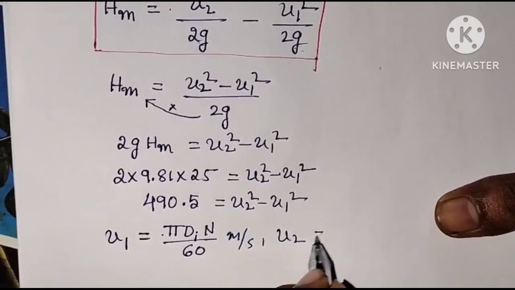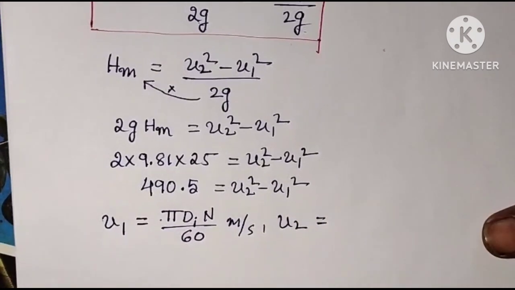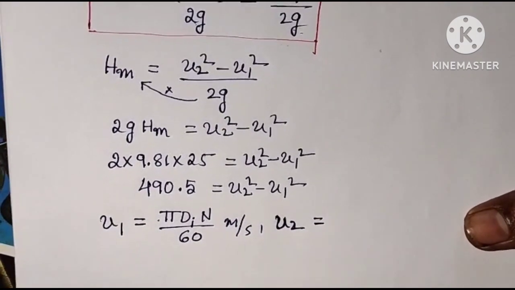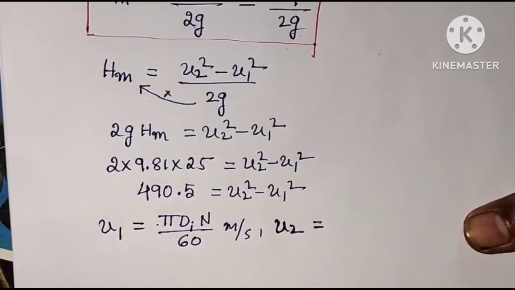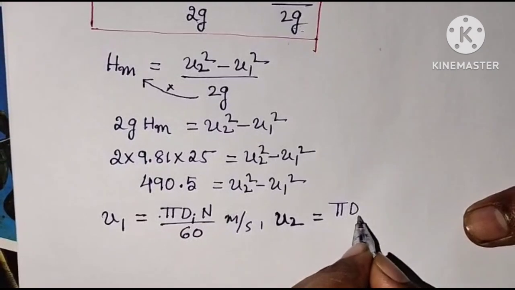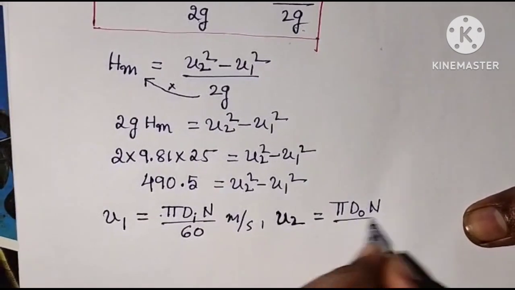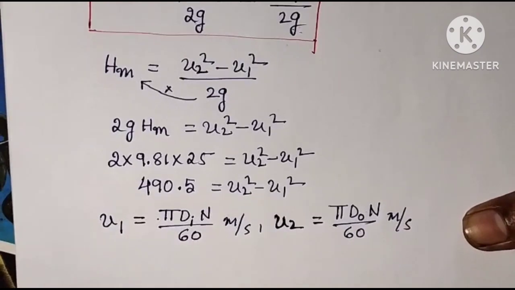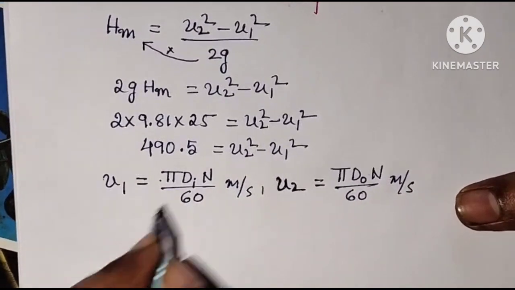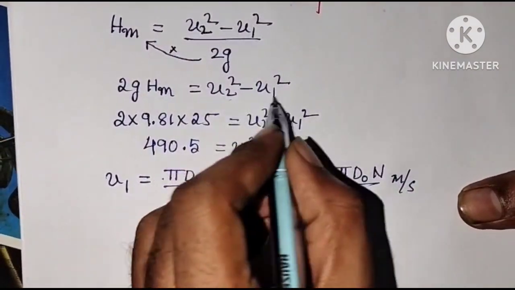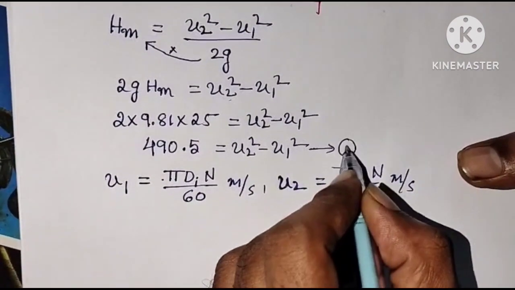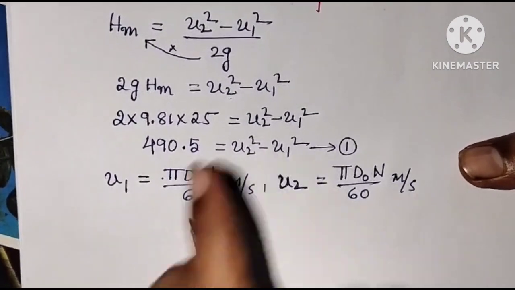U2 is the tangential velocity of the impeller at outlet, pi D naught N by 60 meters per second. Let it be equation number 1. Now we need U2 square minus U1 square.